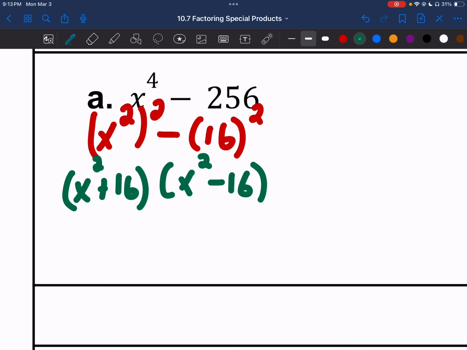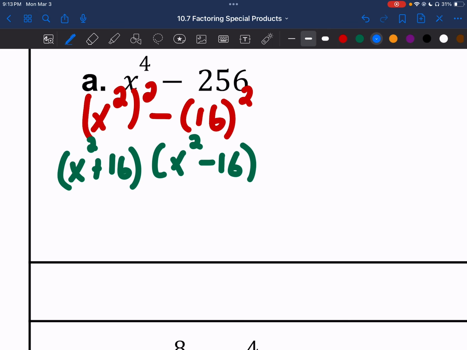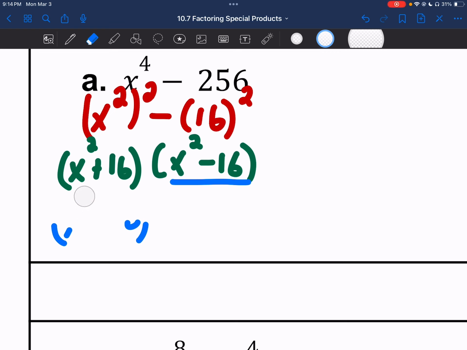But wait, that's where this double factoring comes in, because I still have a difference of two squares. So my x squared plus 16 remains the same. And then actually we're not even going to write that in right now. We're just going to leave that. We'll bring it down in a moment.